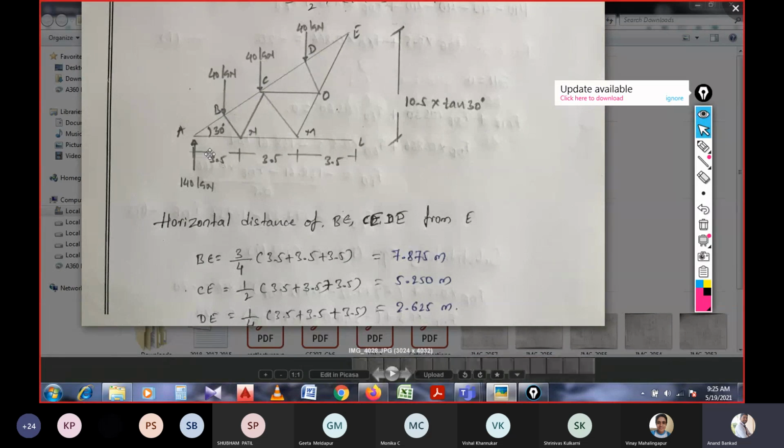We have a total distance of 3.5, 3.5, 3.5, that is 10.5 meters, and this 10.5 meters has three loads with four sections. So for three loads having four distances, the distance from E will be 3 by 4 of the total horizontal distance, which is 7.875.